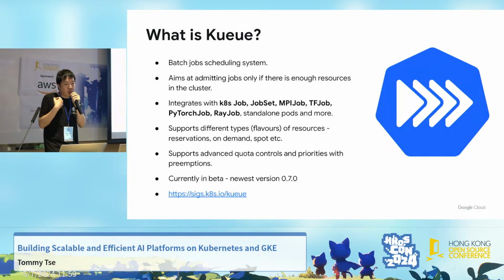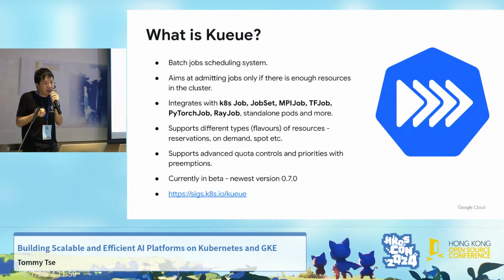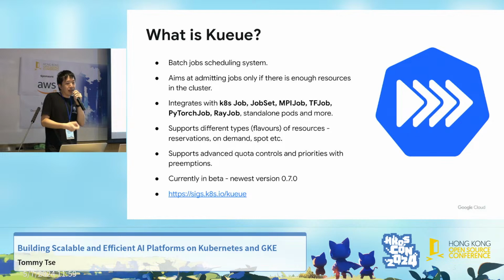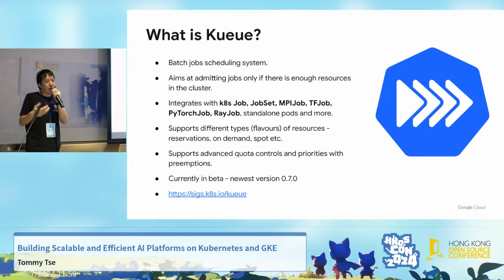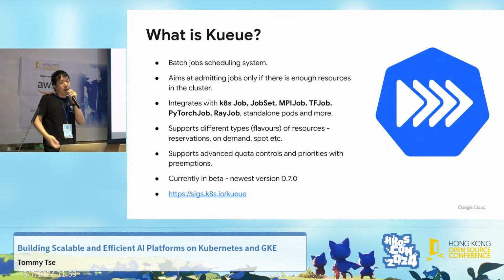So how Kueue works is it will admit jobs when there's enough compute resources in the cluster. It works with the standard Kubernetes job or JobSet that I mentioned earlier, the Kubeflow jobs, and also Ray job. And it supports different flavors of resources.